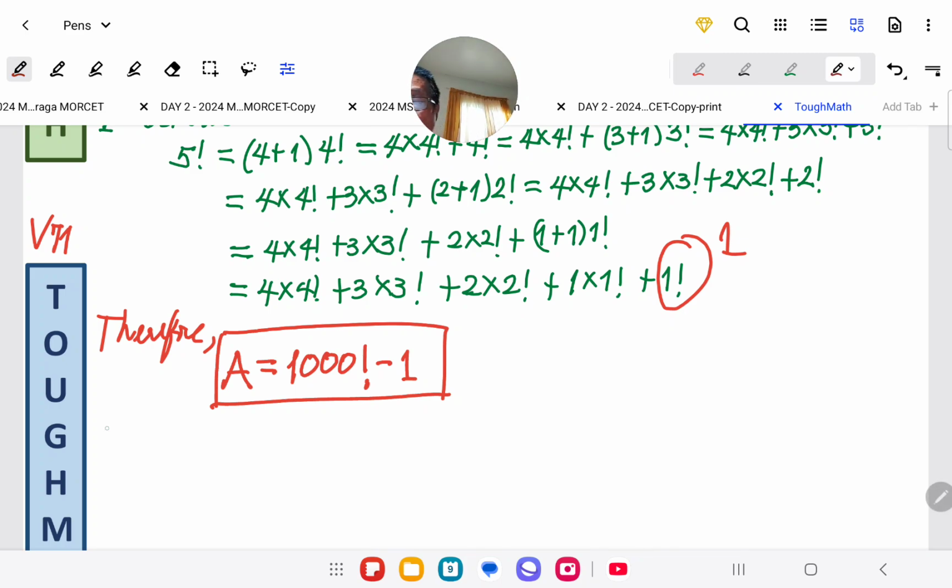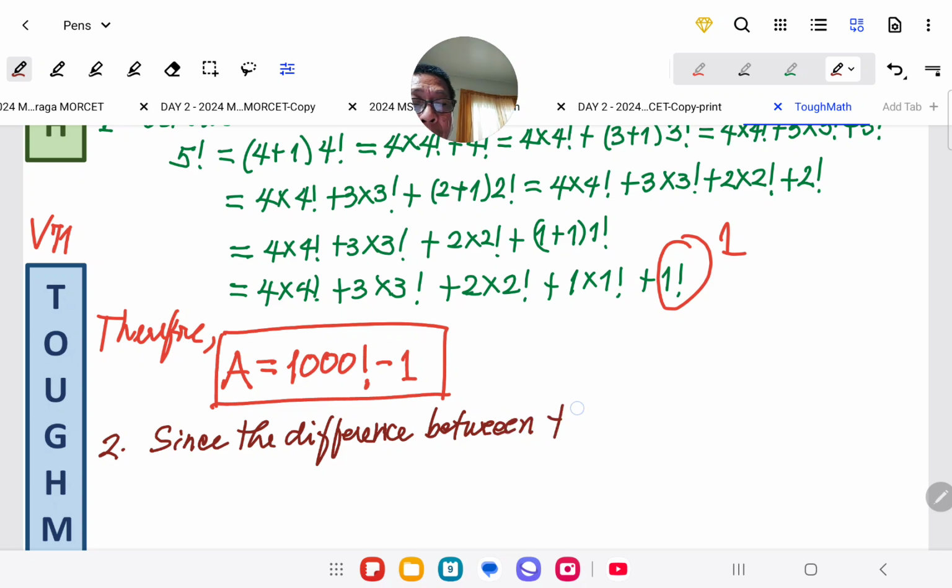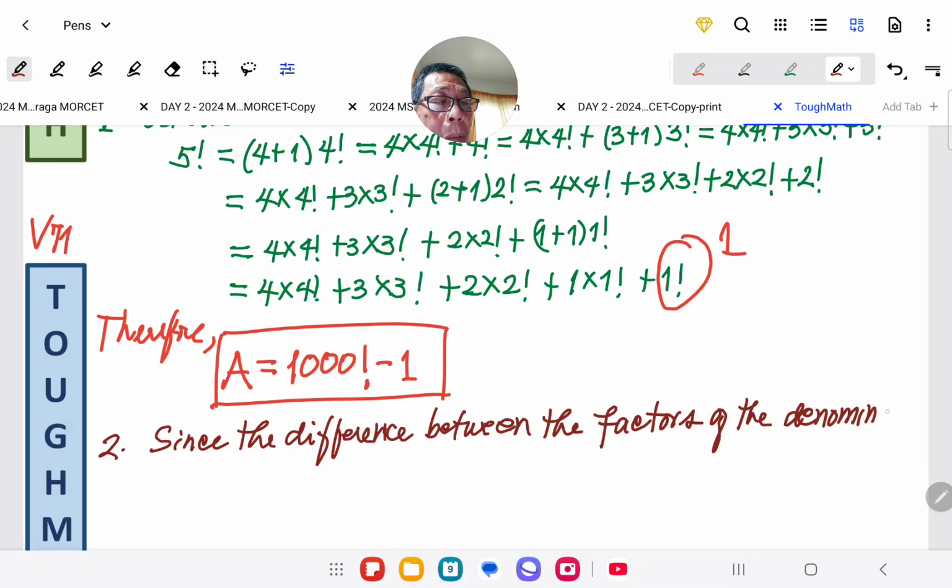Then number 2, we have B. Since the difference between the factors of the denominators is 2, we rewrite the given expression.